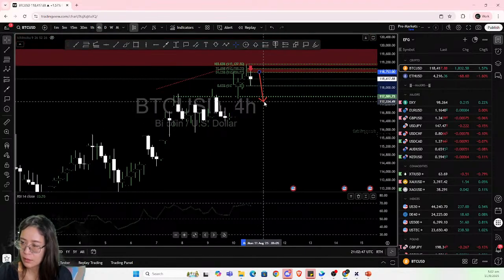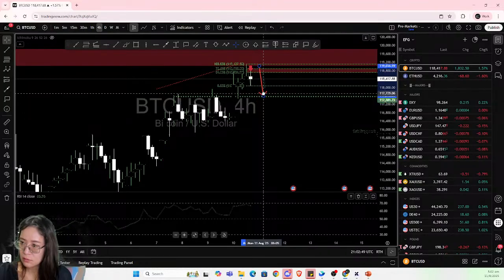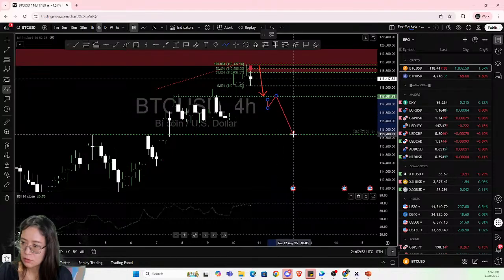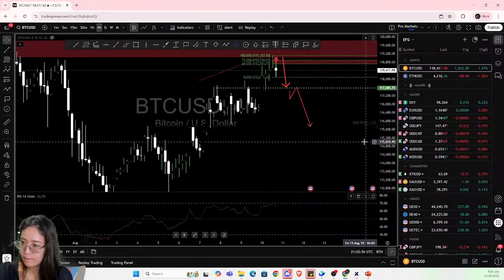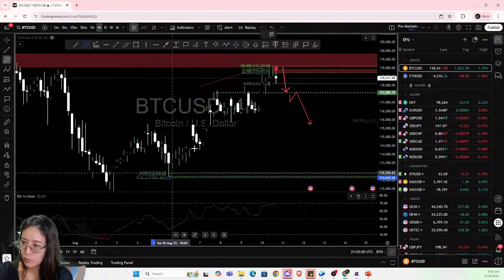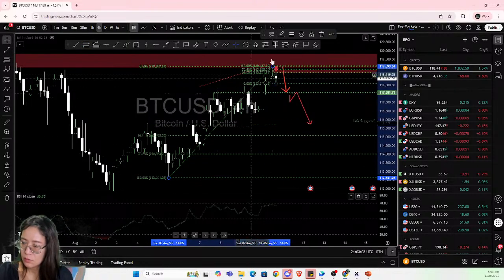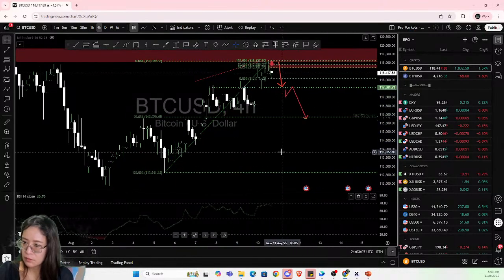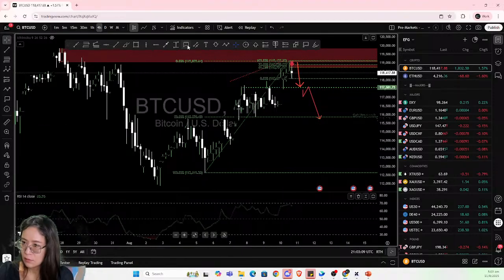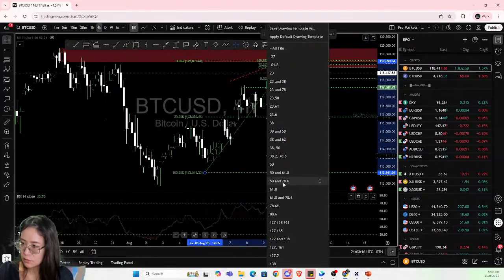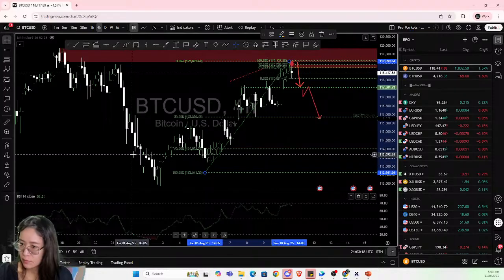If they break this intermediate support level, it's gonna be your pullback resistance. They're gonna sell here, target, and if this is a high, we can pull Fibonacci. This one is 50% fib. That's the zone, that's the level, and the next support is gonna be somewhere around here, which is 50 to 78.6, somewhere around there.